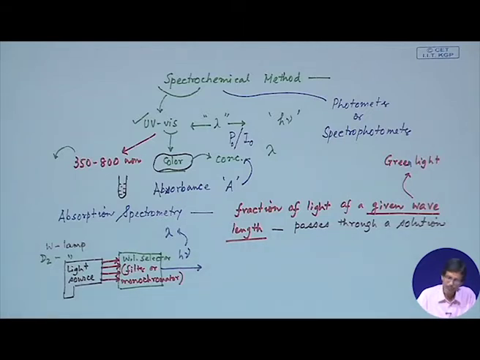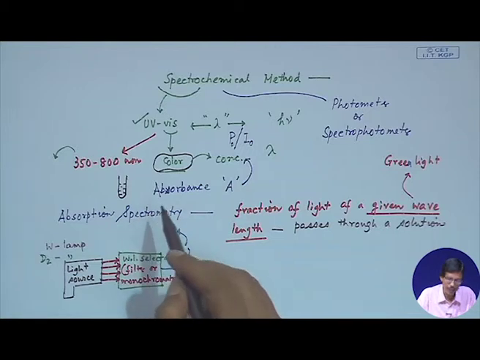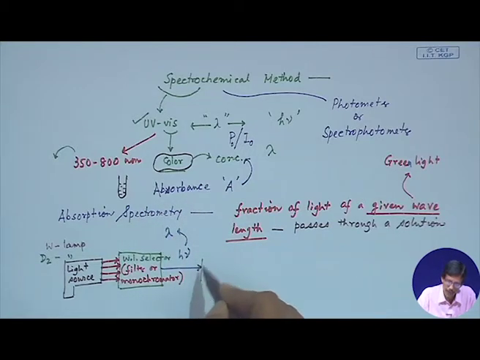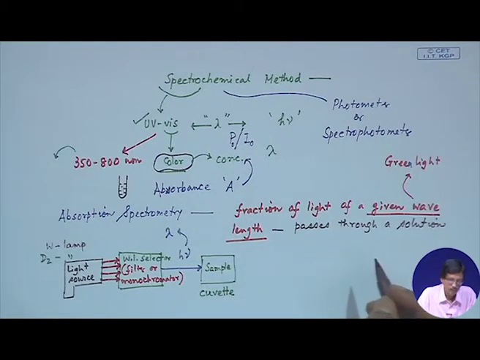Then we can have the solution, that means this colored solution. We can have the corresponding colored solution in our hand, which will be in the sample tube or cuvette, as we call it. So, we have the sample here in the sample tube, or cuvette.